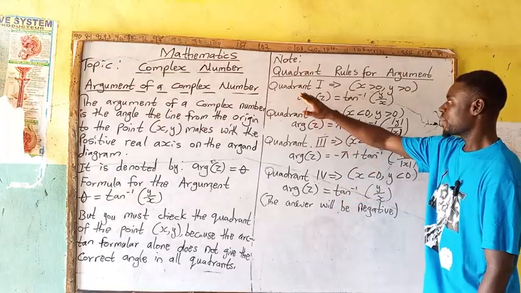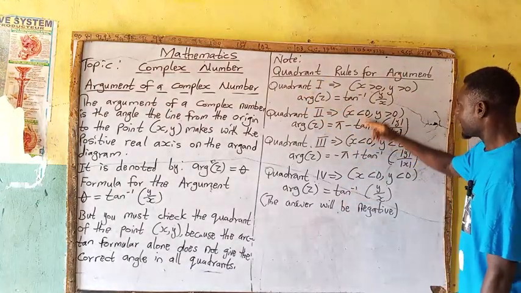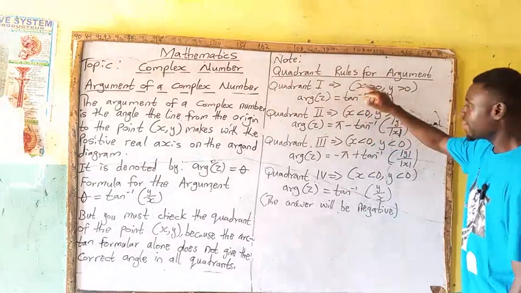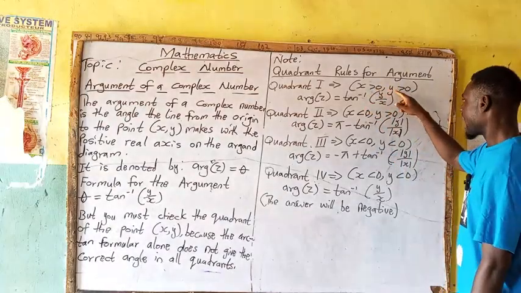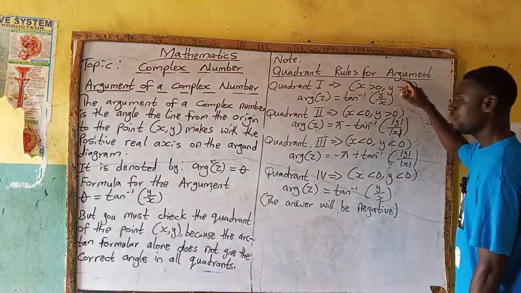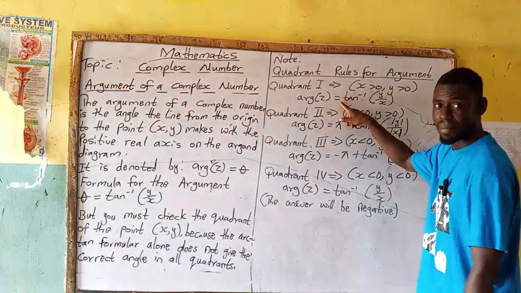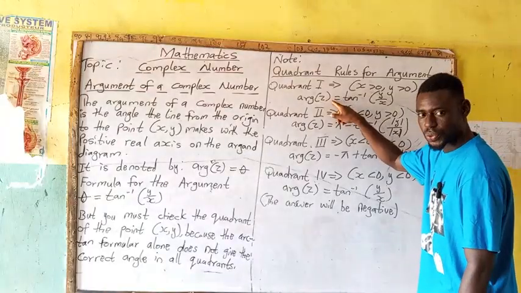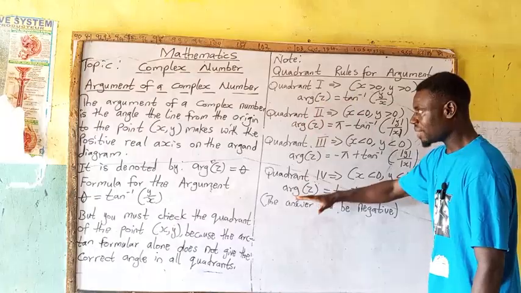So now, the first quadrant. What does my first quadrant say? My first quadrant says, if my real number is greater than 0 and my imaginary number is greater than 0, I will use this formula by force. This is the formula you have to use. Don't worry, we are going to solve problems with it after this part.